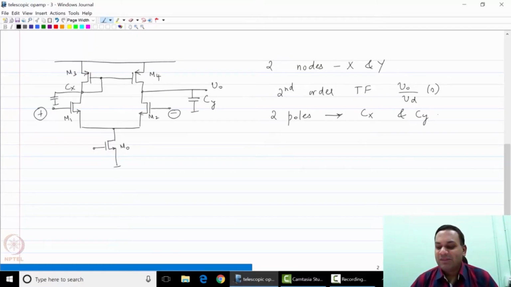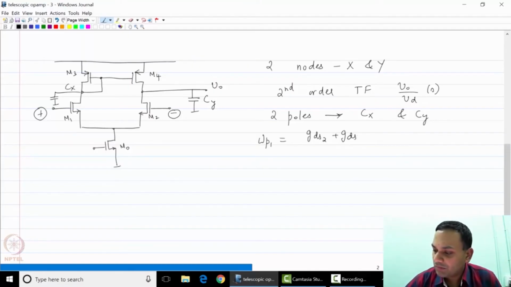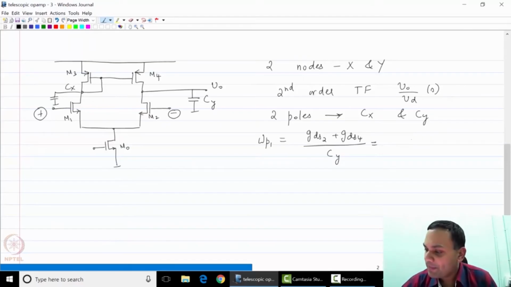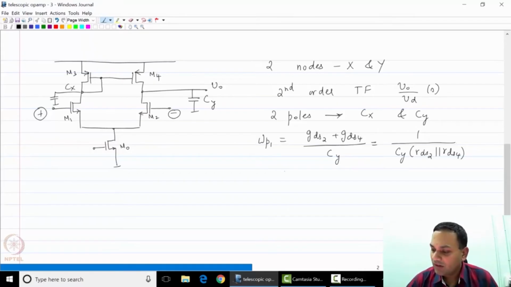They also depended on the impedance at those nodes. Just a quick reminder, the dominant pole omega p1 was GDS2 plus GDS4 over Cy, which was the same as 1 over Cy into RDS2 parallel RDS4. In other words, it is 1 over R out times Cy.